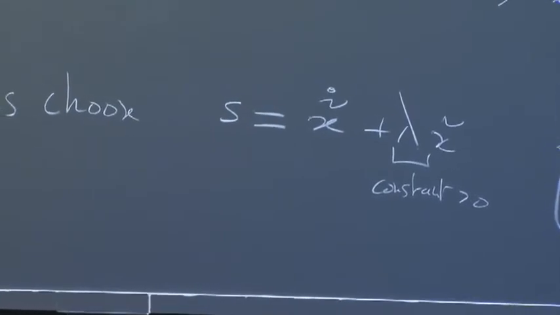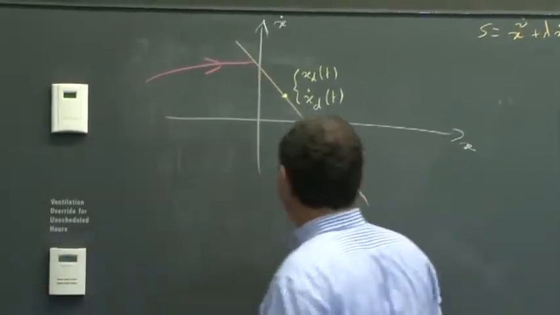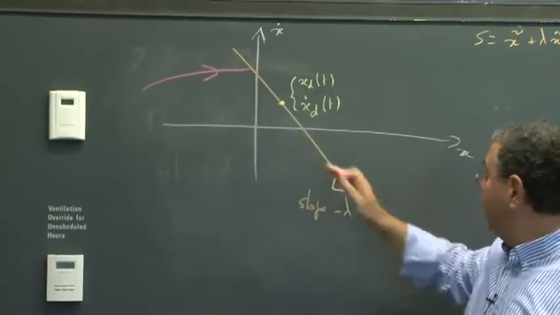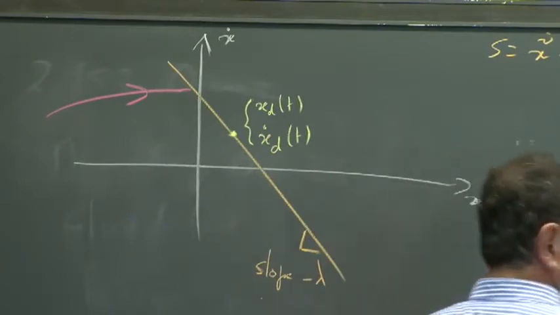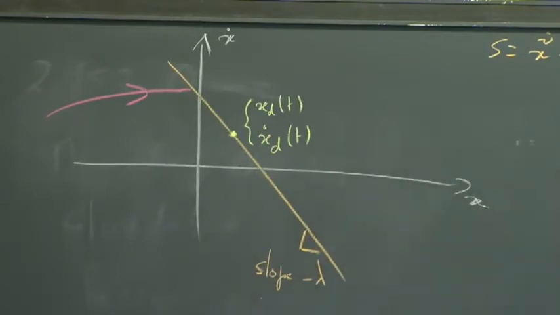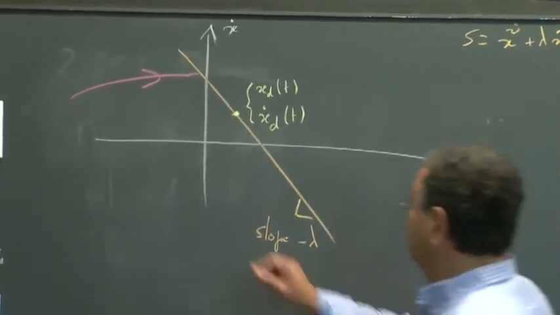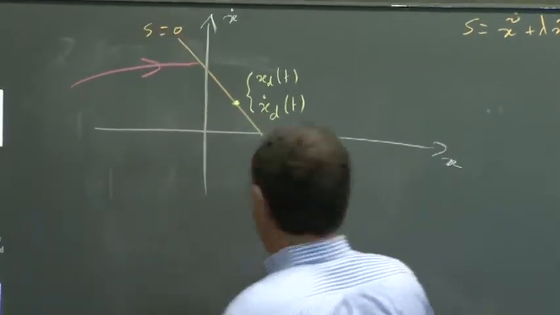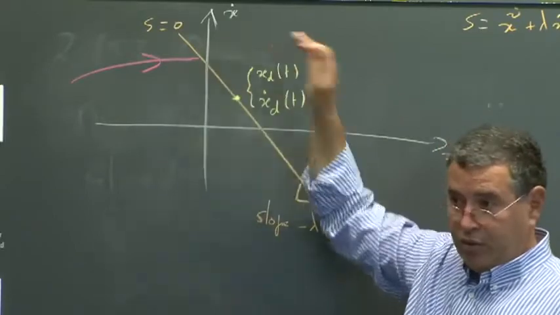So, for instance, if you manage somehow to make this surface be reached in finite time, and then such that once there, you stay there, this is still S equals 0, of course, then what will happen? So you reach it in finite time, and somehow you know that once you're in there, you stay there.